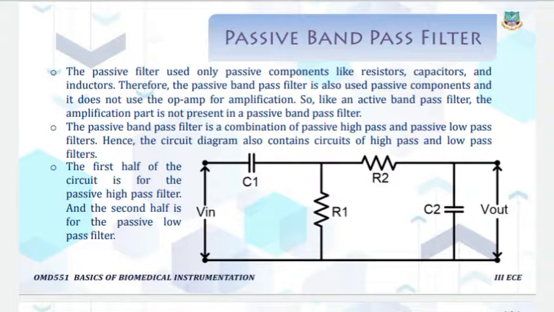It is the combination of passive high pass and passive low pass filter. The circuit diagram consists of this high pass filter as well as the low pass filter. The first section, C1 and R1, constitute the passive high pass filter, and C2 and R2 constitute the passive low pass filter.